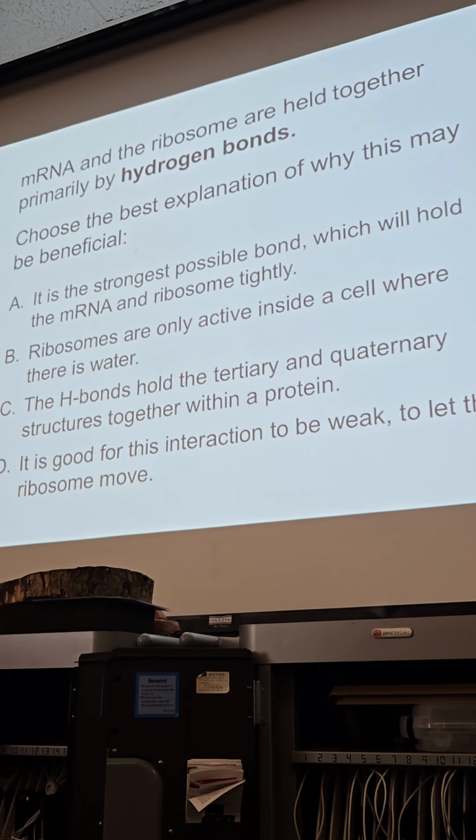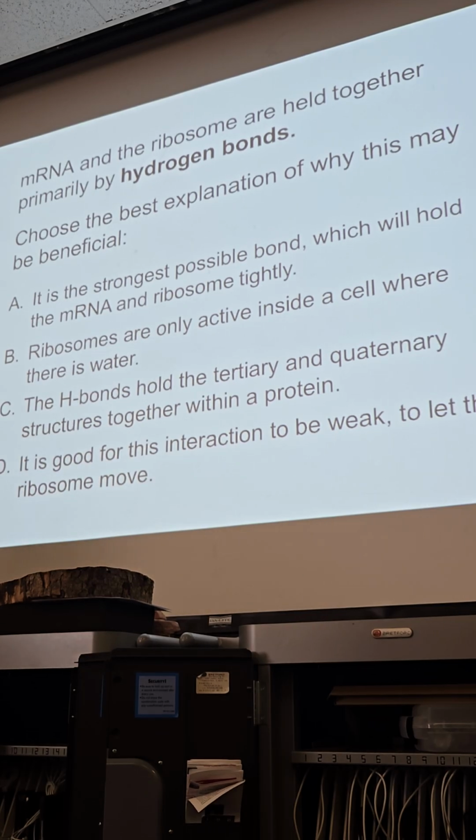Okay. I put A. I got C. C? I did. Yeah. But he said that quaternary was not until... Quaternary is multiple polypeptides.